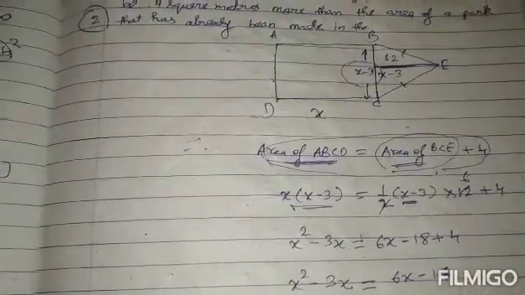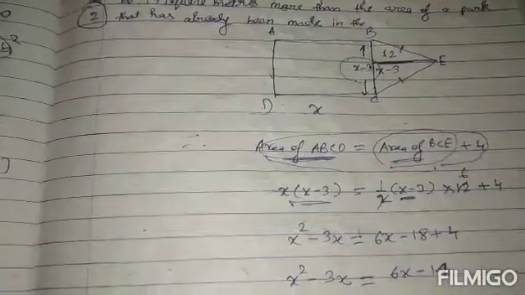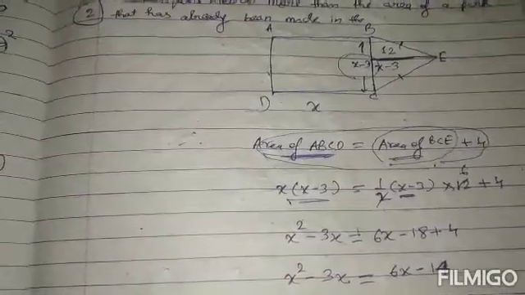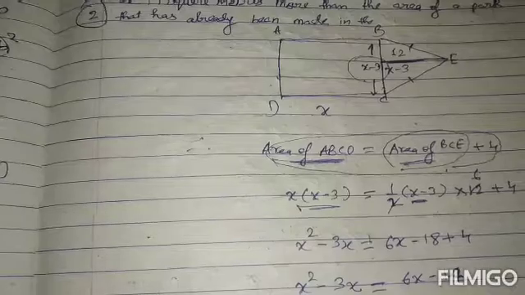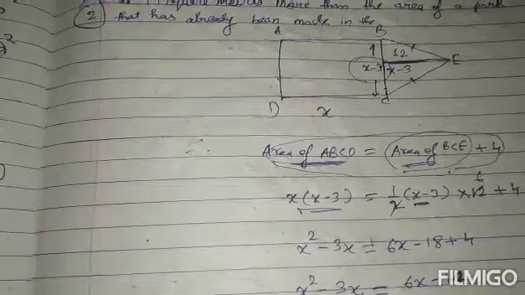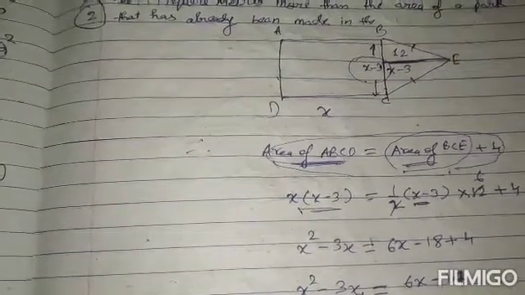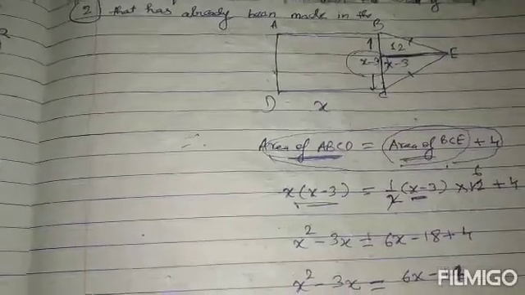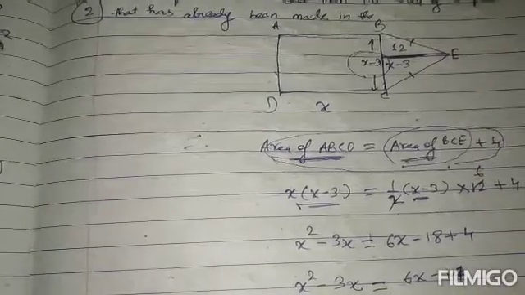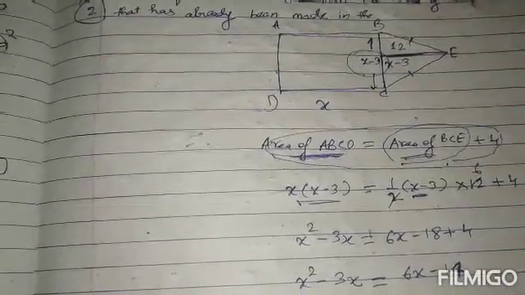Now moving to solution number 2. In question number 2, you are given a rectangular field whose breadth is 3 less than its length, and a triangular field is described on one of its breadths, whose altitude is 12.